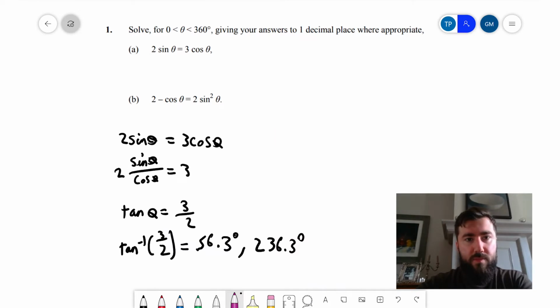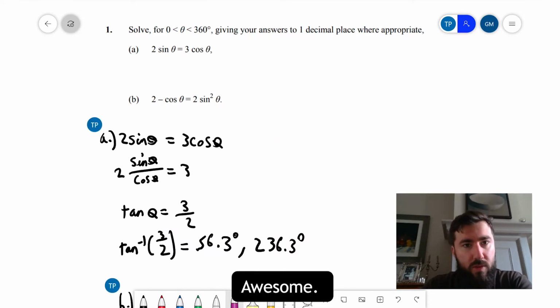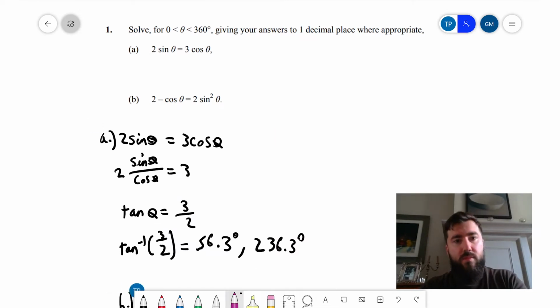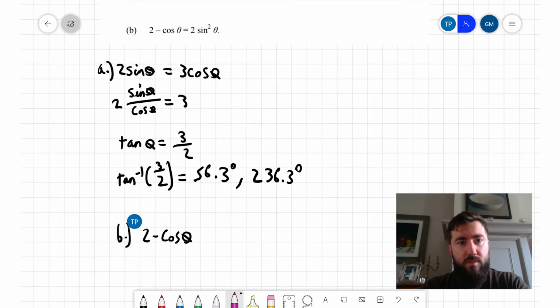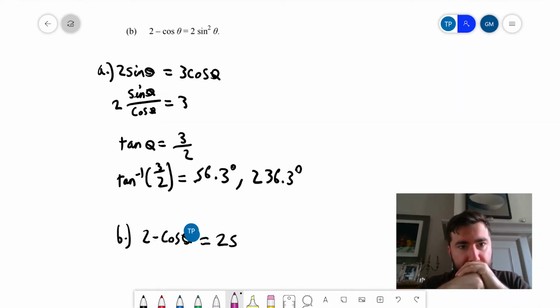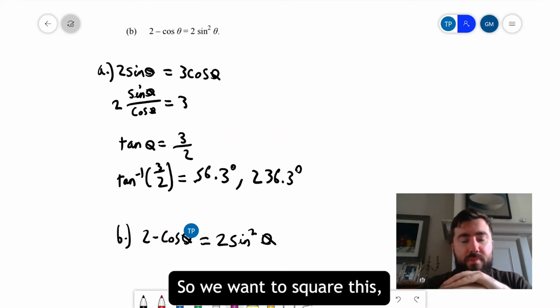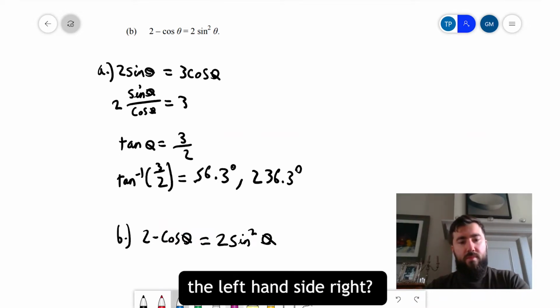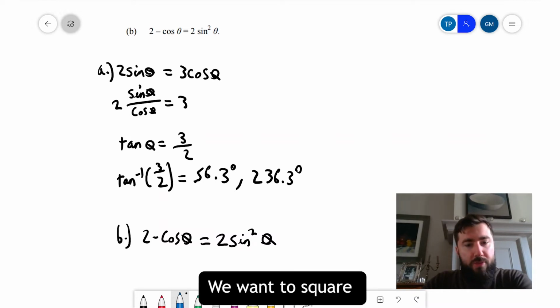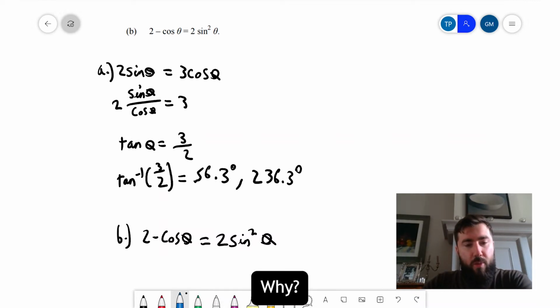Okay, question B. 2 minus cos theta equals 2 sine squared theta. So we want to square the left-hand side. Why?